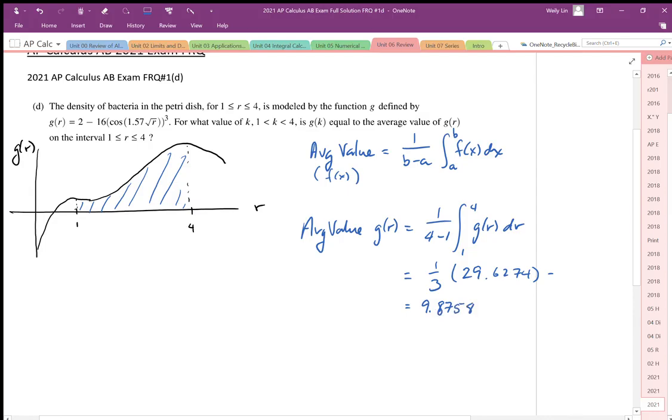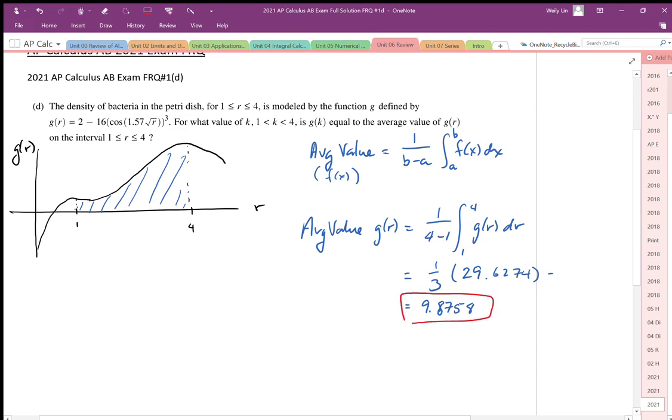If I were to graph that, 9.8758, I'm just going to put that into my graph, and when I see the graph of this, I should be able to see that this line, this average value, does seem like a reasonable average value.